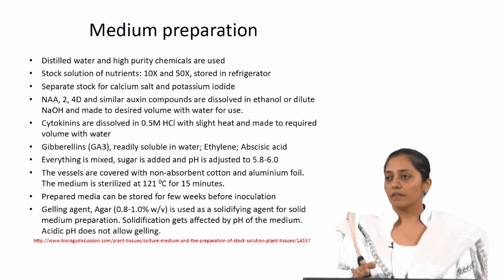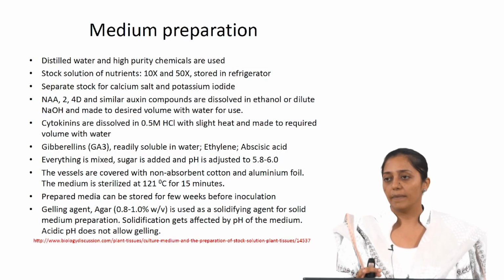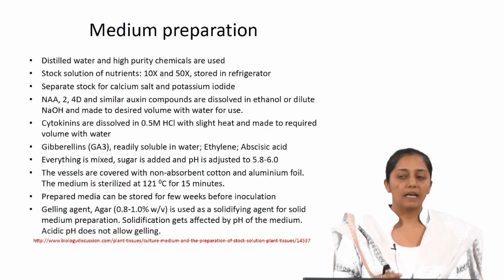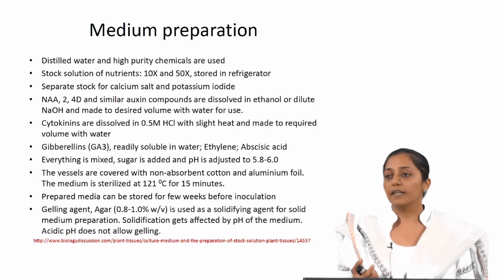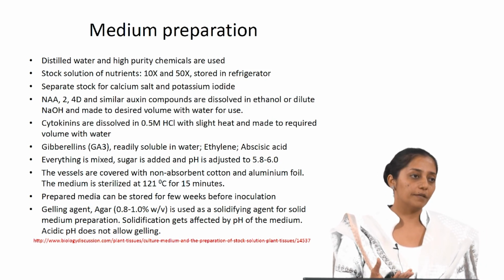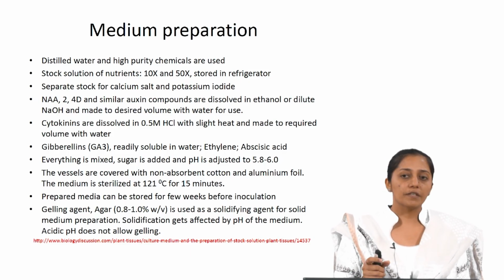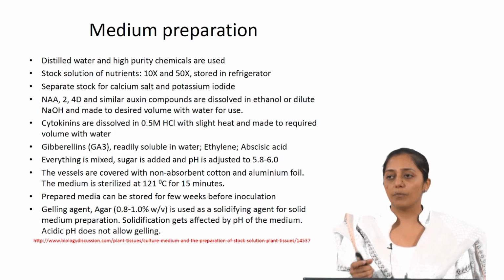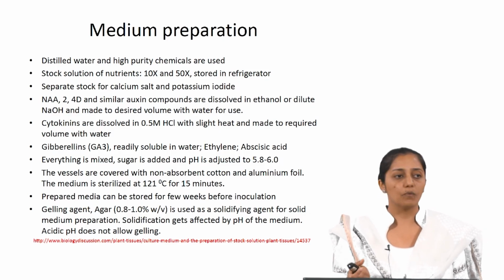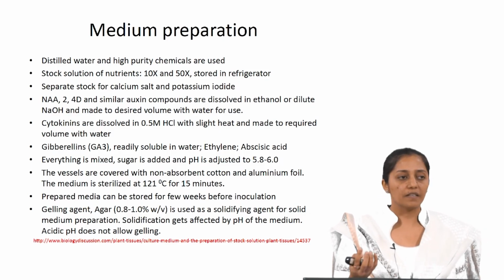So, after autoclaving the pH should ideally be maintained at 5.8 to 6, and then gelling agents are added if you want to work with solidified medium. Acidic pH would prevent gelling. So, the concentrations in general preferred are 0.8 to 1% weight by volume of agar or any gelatinous substance.